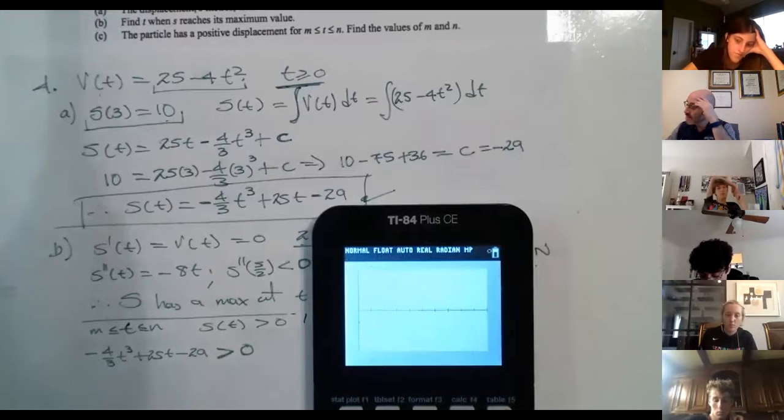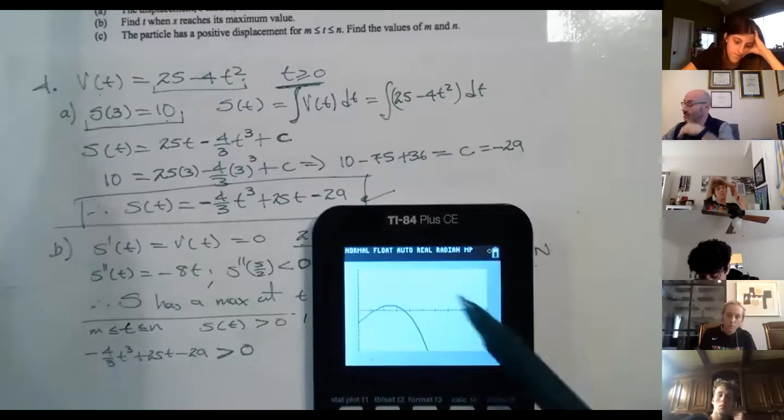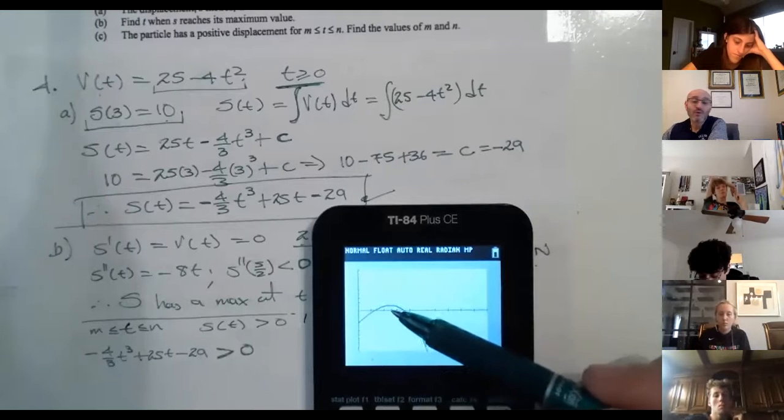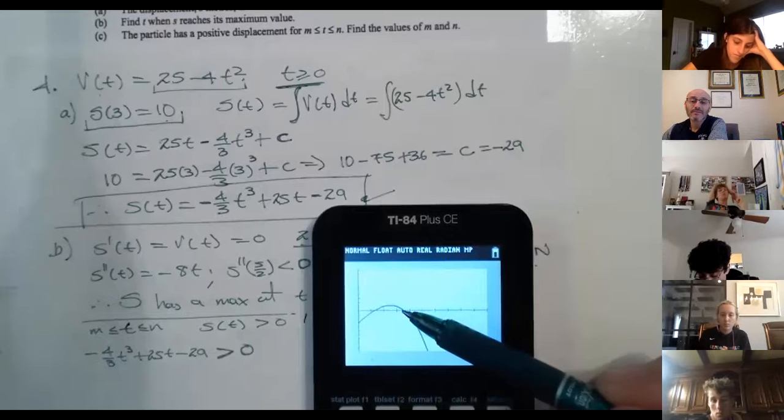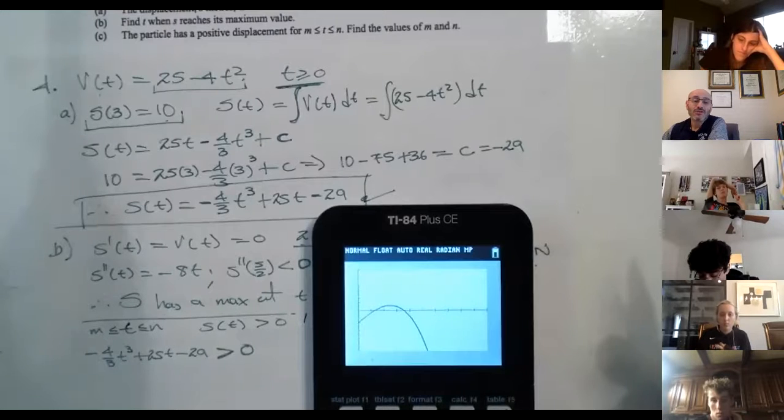So I'm gonna graph this thing and look, that's much better, right? So now I can see that the graph has a portion where it's positive. So that's what I'm interested in. And it should be between this value and that value. All right. So I just need to find the intercept.